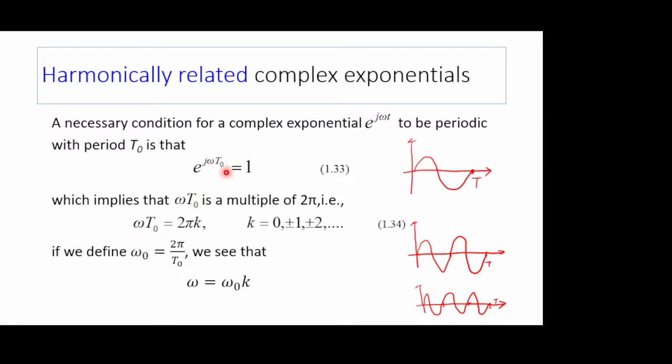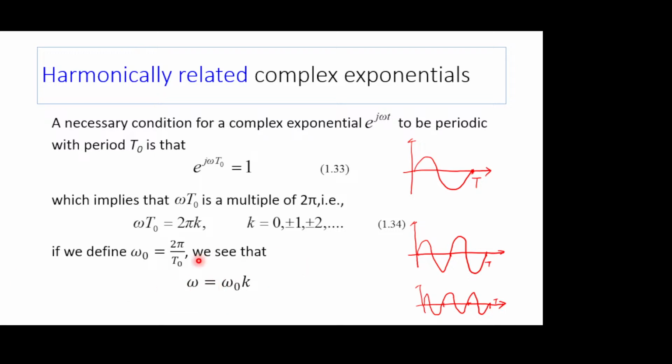That means this omega T0 needs to be an integer multiple of 2 pi, so it is 2 pi k, with k being some integer. If we shift things around a little, and define omega naught as 2 pi divided by T naught, then you see that omega should equal omega naught times an integer.